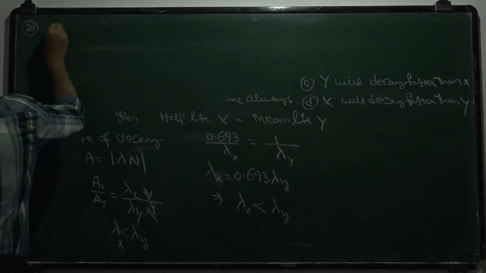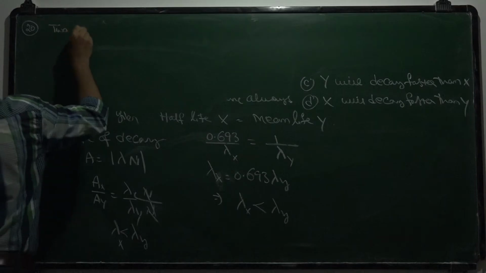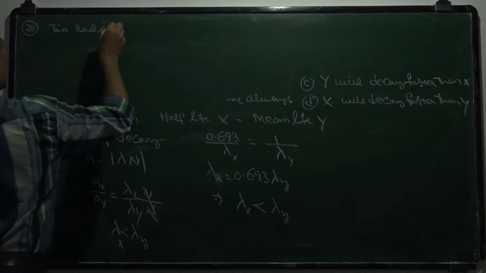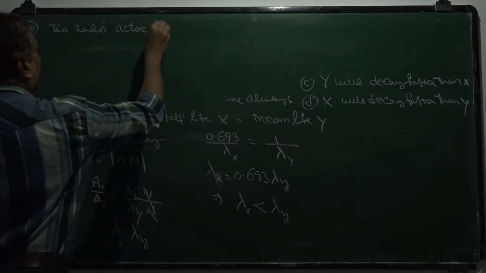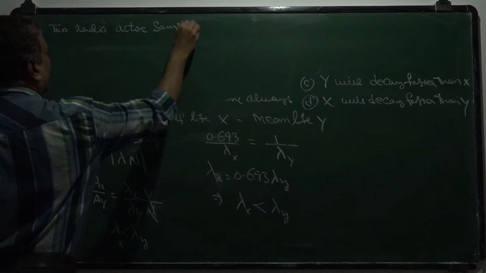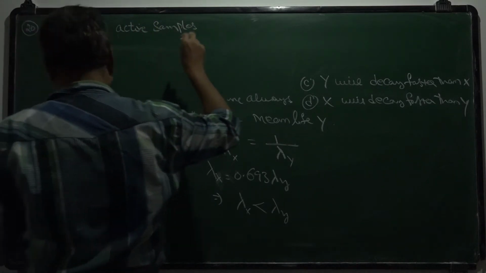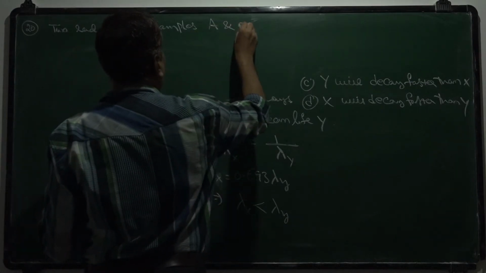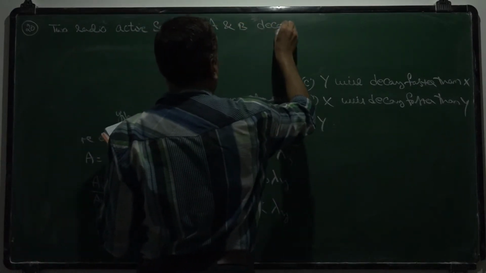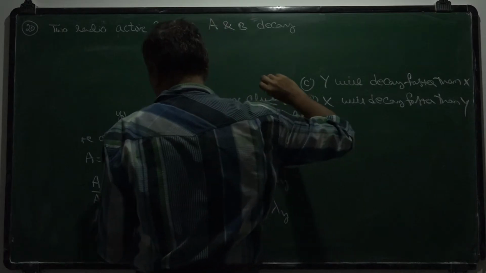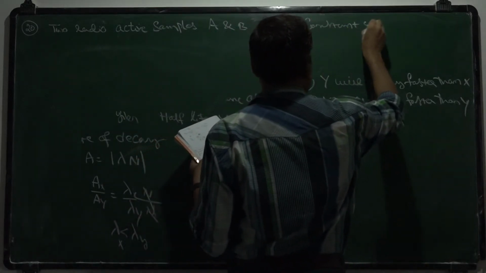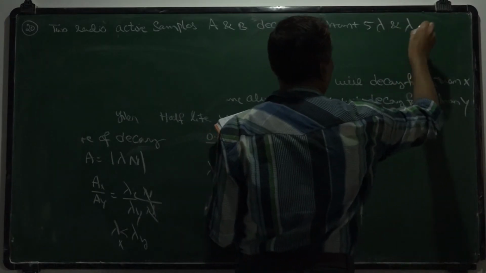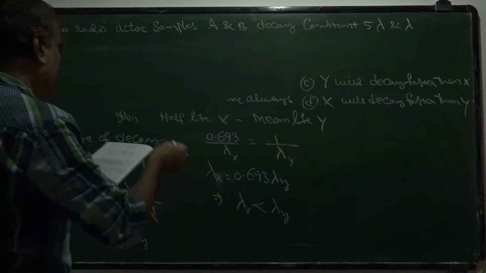Two radioactive samples A and B have decay constants 5 lambda and lambda respectively.